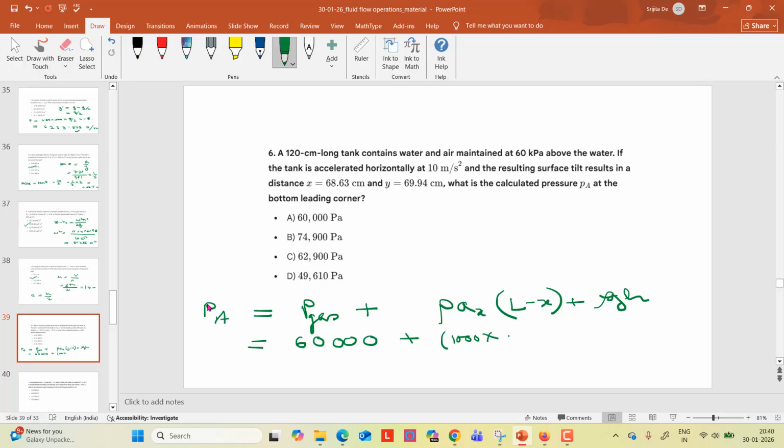X is 10 into L minus X, 68 point, this is 120.